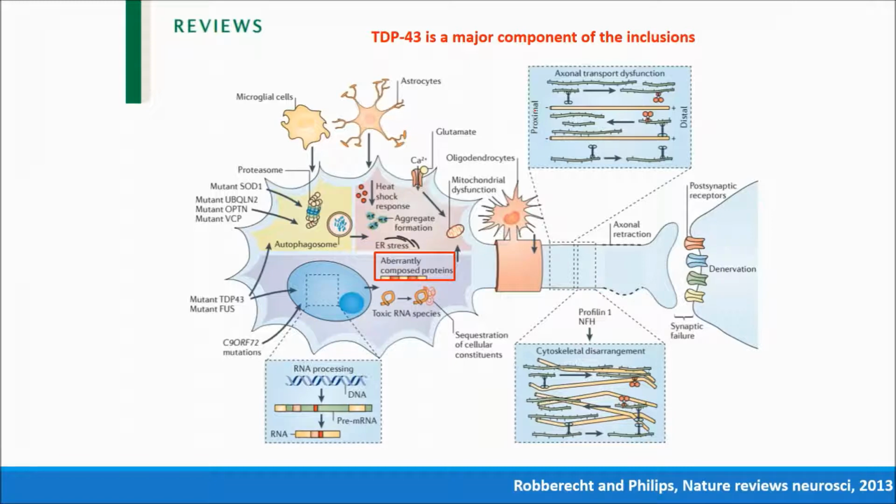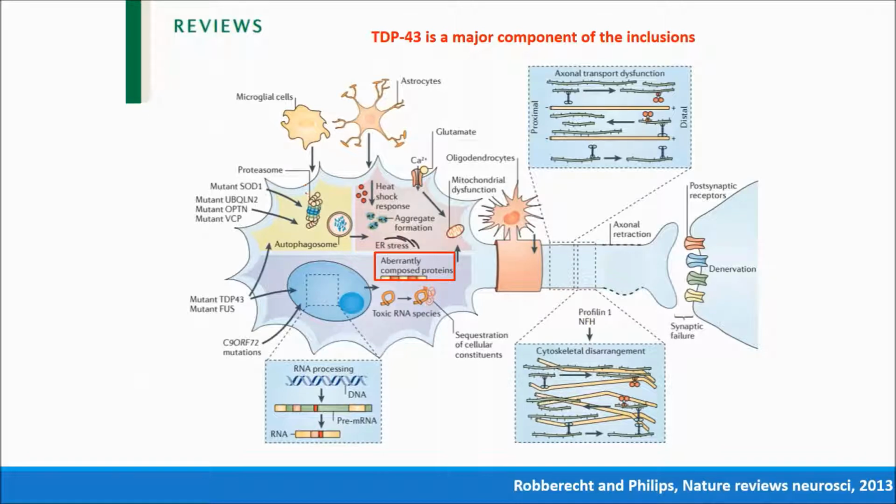We know many mechanisms which are implicated in the disease. However, we are not able to link all of these mechanisms yet, and we are not able to explain why they are happening in motor neurons. But for example, we know that there is some problem in the clearance of the cells.